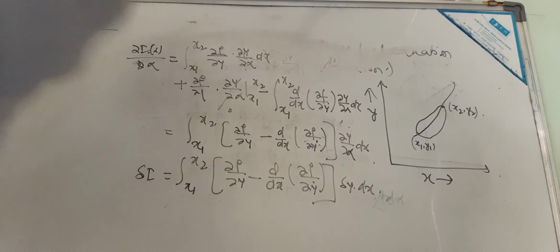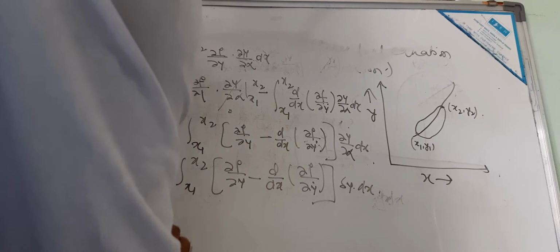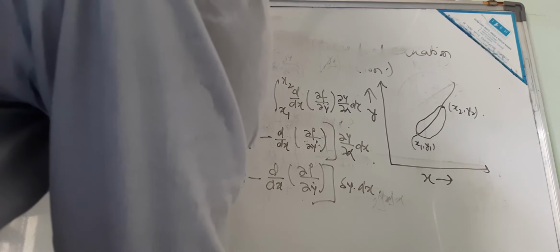But δI equal to 0, so we can write this integration x1 to x2 of ∂f/∂y minus d/dx of ∂f/∂y dot, and then δy dx equal to 0.